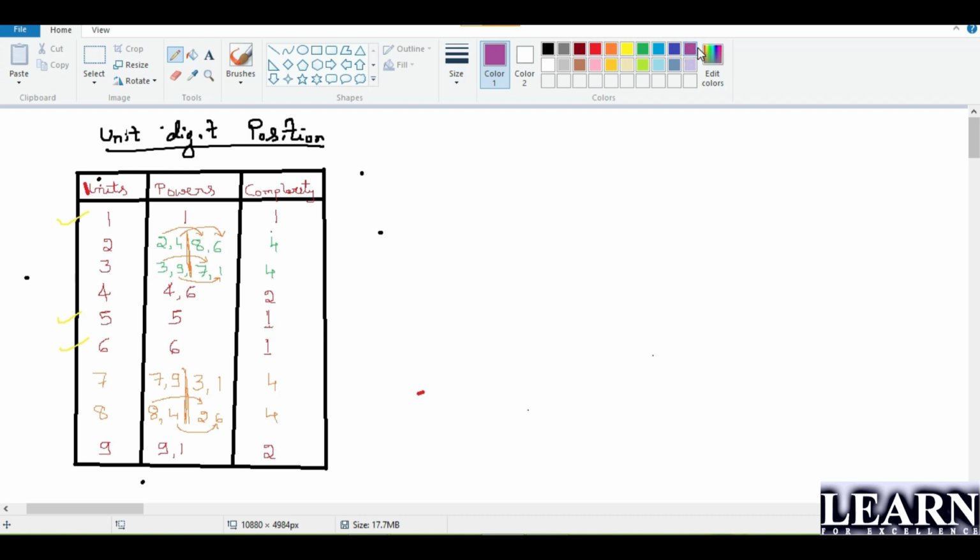Yes guys, please suggest some numbers ending with 1. Any numbers guys, it's up to you. Yeah, 1331. Yes, I'll take this number. What is the unit digit in the expansion of 1331 to the power of 241?